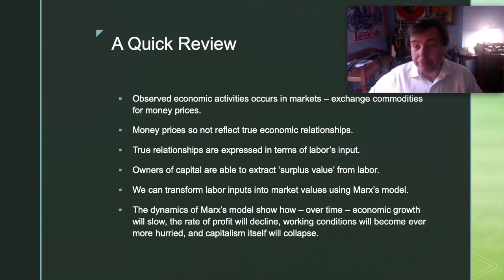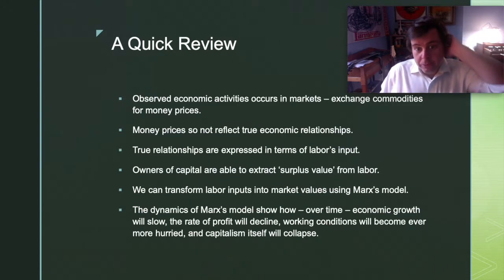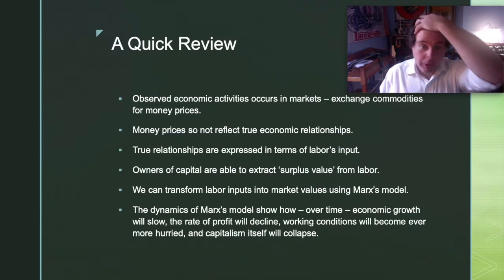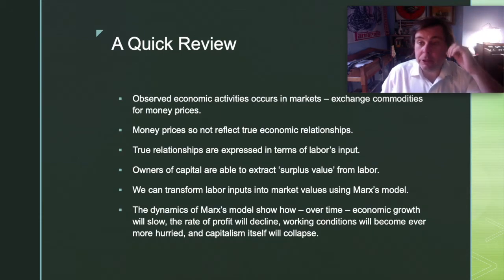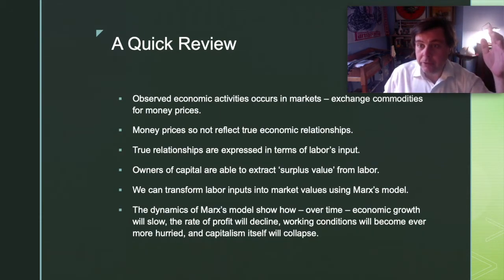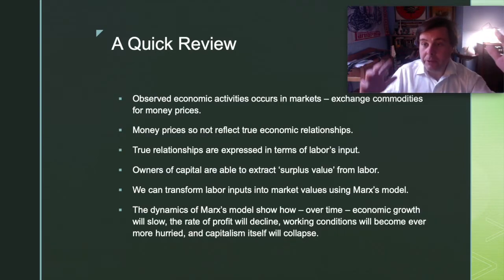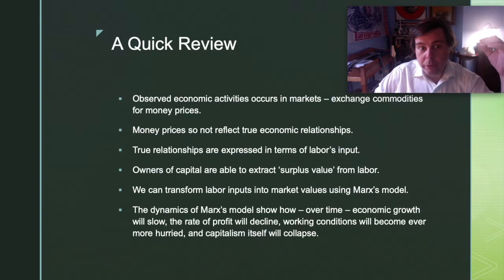Okay, so let's review. In the first video, we saw that observed economic activity, of course, occurs in markets, and that individuals exchange commodities, right? So that we observe commodities exchanging hands for money prices. However, those money prices do not reflect true economic relationships in Marx's explanation.